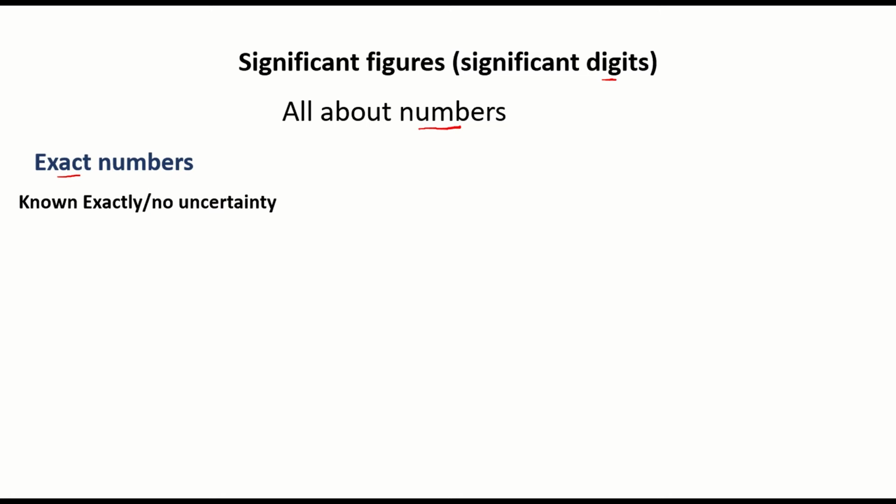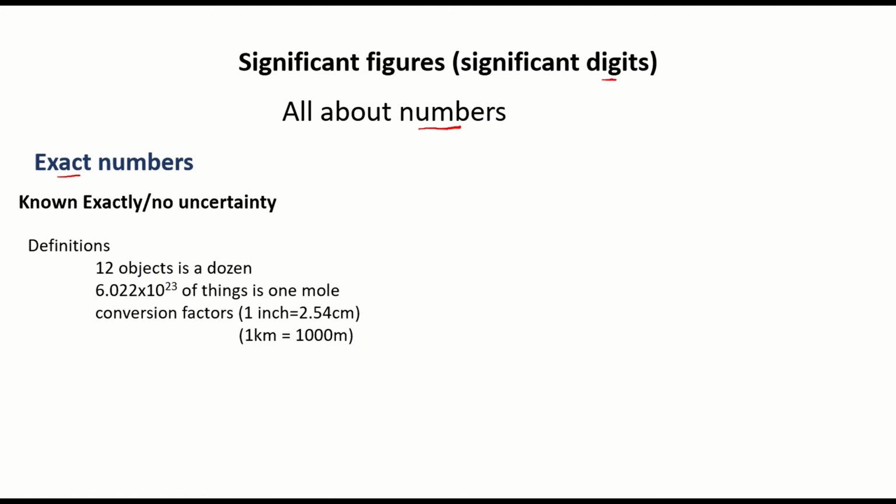So what types of things fall under exact numbers? They can be definitions. Definitions are exact numbers, like the dozen. A dozen is a definition that defines 12 objects. So if it says a dozen eggs or a dozen of anything, you know that you have exactly 12 objects. And things like the definition of mole, something you come across at a later point.